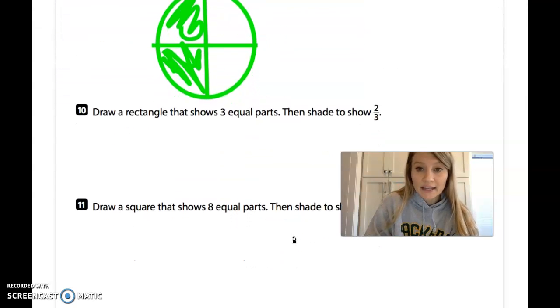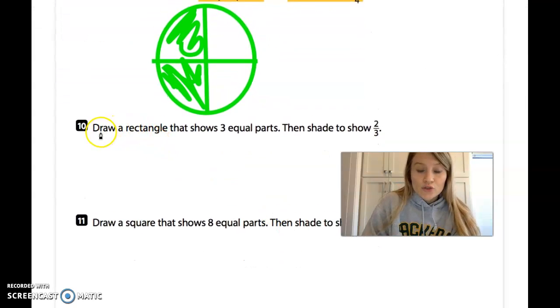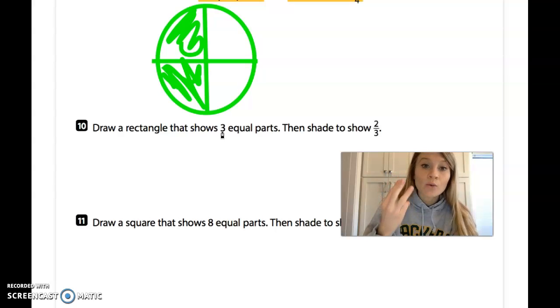Now for number 10, it says draw a rectangle that shows 3 equal parts. You need to make your rectangle with 3 equal parts. And then you're supposed to shade 2/3. So remember this 2 is how much you shade.